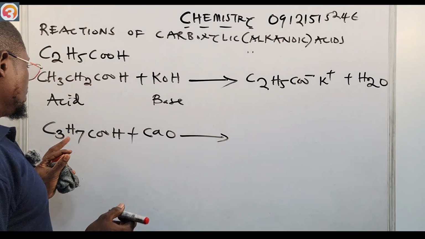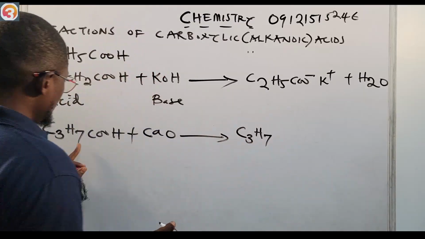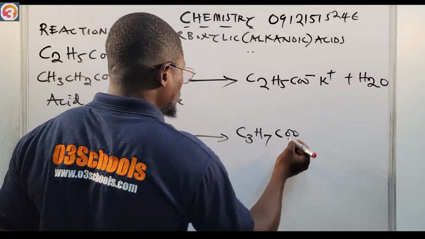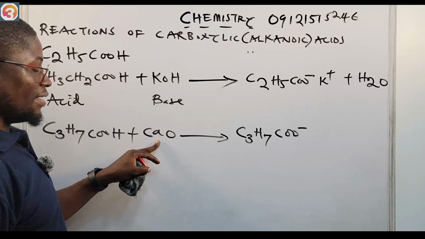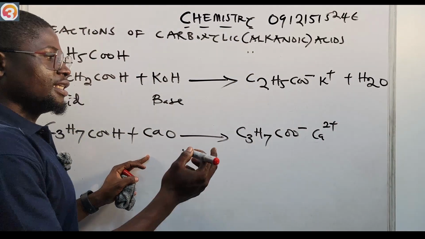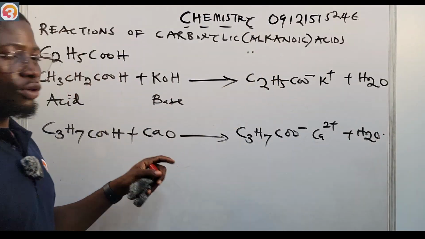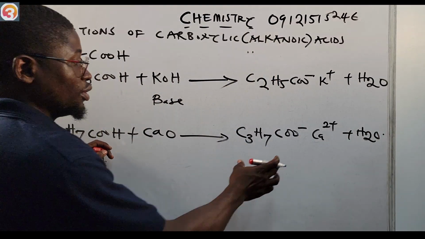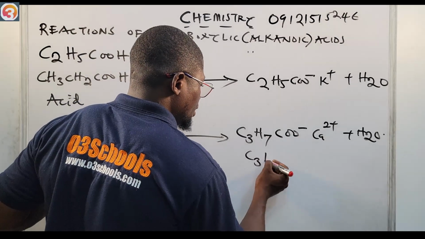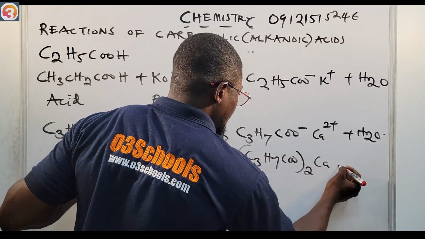So we get of course the same thing, C3H7COO minus, then we are going to have our Ca. The charge of calcium is 2 plus, Ca 2 plus. Then plus our H2O. Or we can also rewrite this one as C3H7COO twice to Ca.